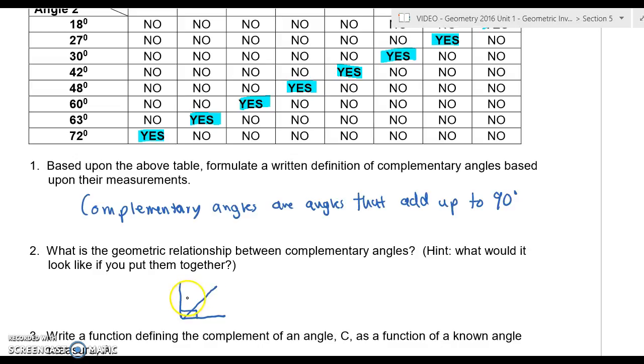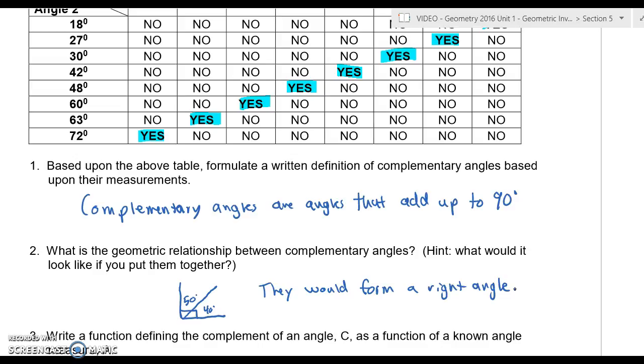Maybe this is, I don't know, 50 degrees, and this is 40, or any relationship there, as long as they add up to 90 degrees. So if we put them together geometrically, they would form a right angle. Okay, so that's the geometric relationship.